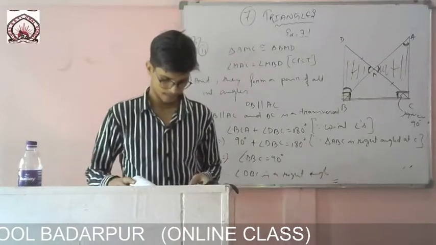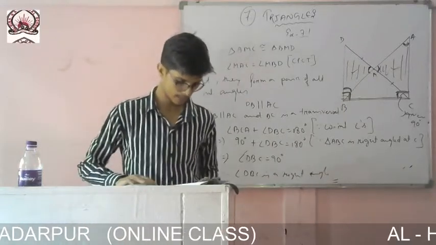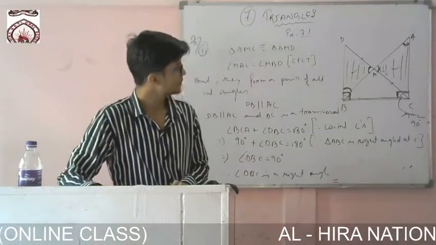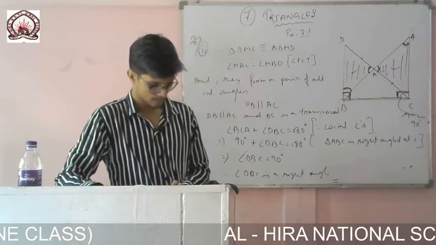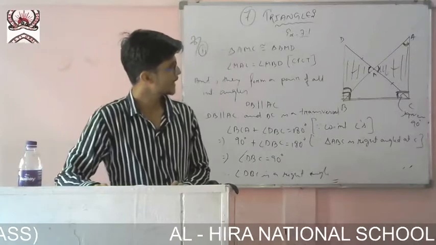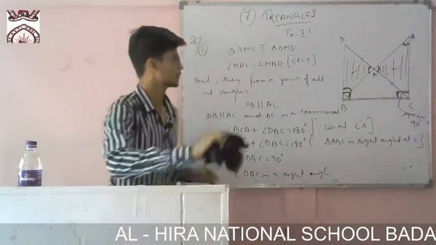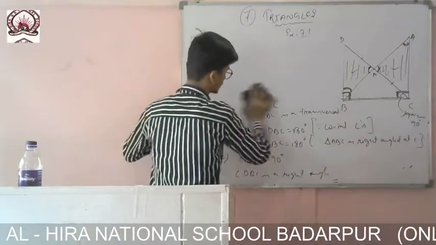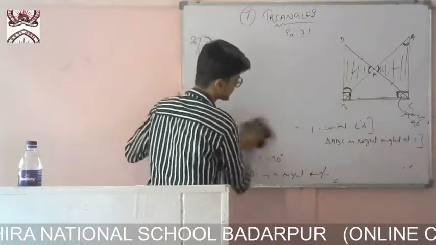So now the next part, two parts are left. Now you have to prove that triangle DBC is congruent to triangle ACB. Before that, let me redraw this figure, because too many times I have overwritten it.